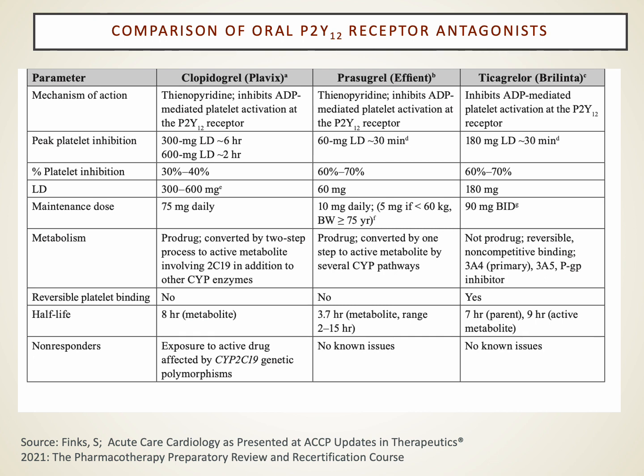So we get a little worried about patients who may have a genetic predisposition to not make or to make a variant amount of 2C19, and that might reflect maybe 3 out of 100 patients in the North American population.